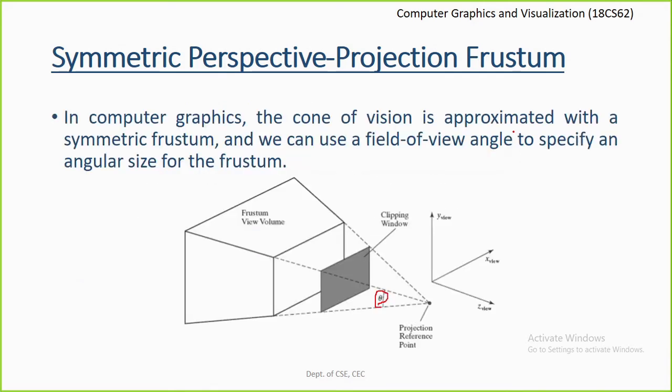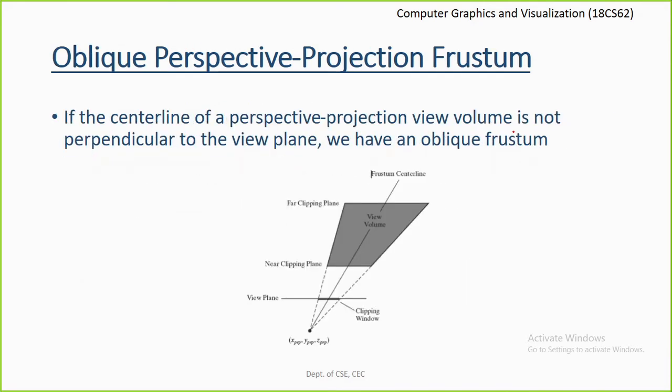Now, there is one more frustum called the oblique perspective projection frustum. In simple words, it is a frustum which is not a symmetric perspective projection frustum. Any perspective projection frustum which is not a symmetric perspective projection frustum, we can categorize as an oblique perspective projection frustum. So what do we mean by that?